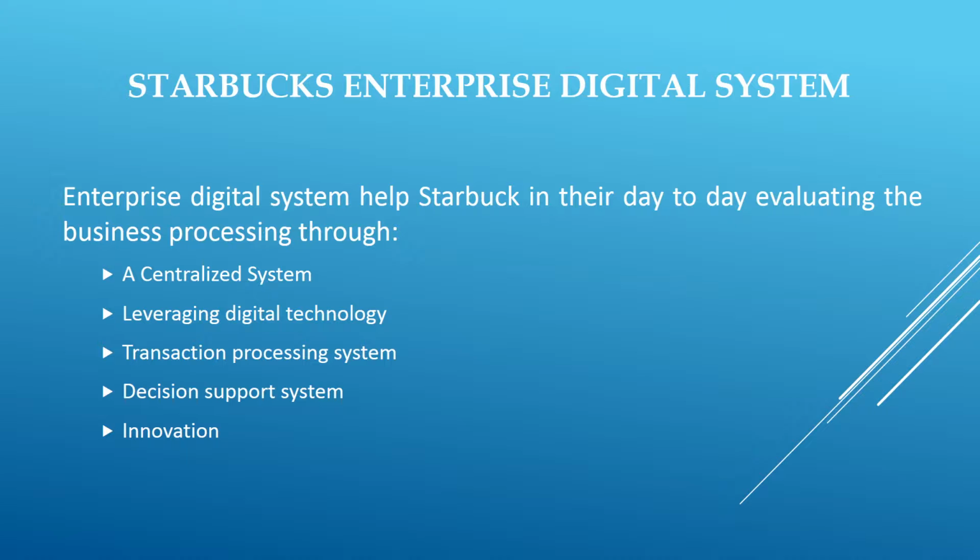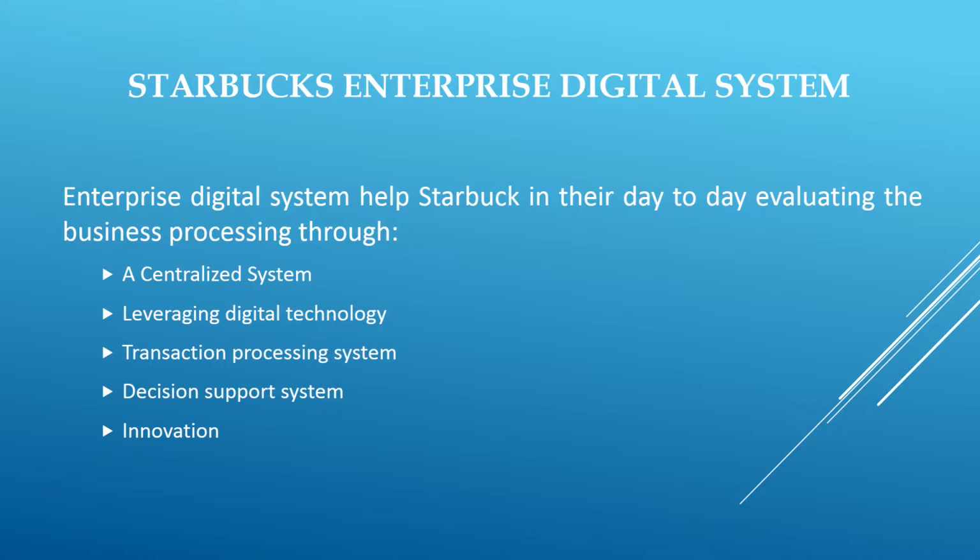A centralized system: Starbucks uses one centralized system to manage its supply chain and logistics network across the world. With this centralized system in place, Starbucks is able to operate and manage numerous distribution networks centrally with total control.